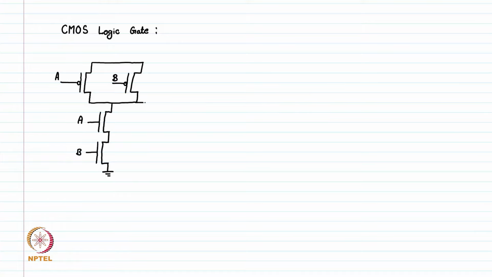So, this is our NAND gate using CMOS or the PMOS and NMOS transistors. The symbol for this, which we have already seen, is something like this.